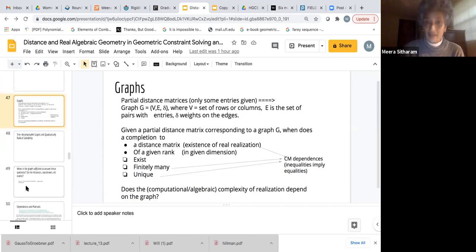And so this idea of dependences can actually be seen without having our underlying field. Well, we talked about the reals and complex numbers, so the distances are numbers and so forth. But we also talked about a graph, and we said that the question of whether something exists, what the complexity is and so forth, could be determined based on the graph.